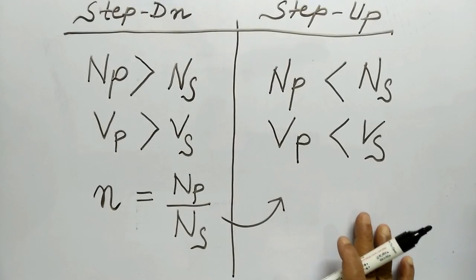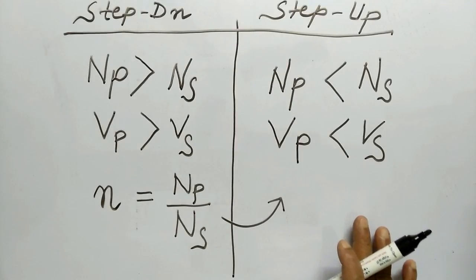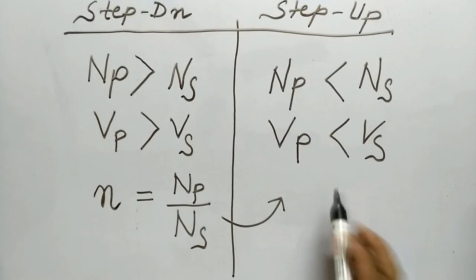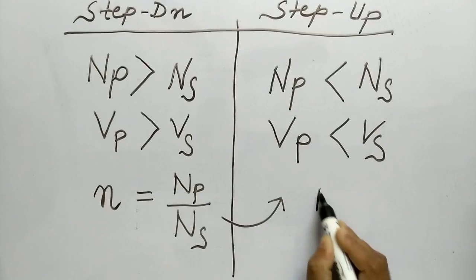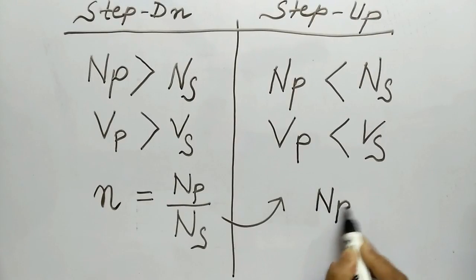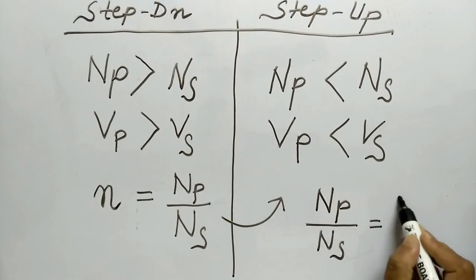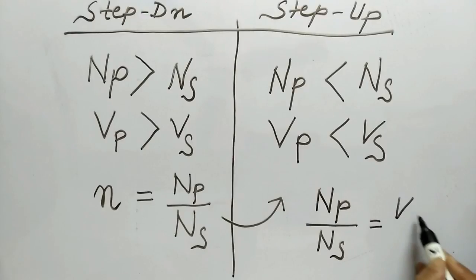Here I am going to tell you two more important equations. We have to remember them for numericals. The first equation is: number of turns in the primary coil divided by number of turns in the secondary coil equals potential difference in the primary coil divided by potential difference in the secondary coil.